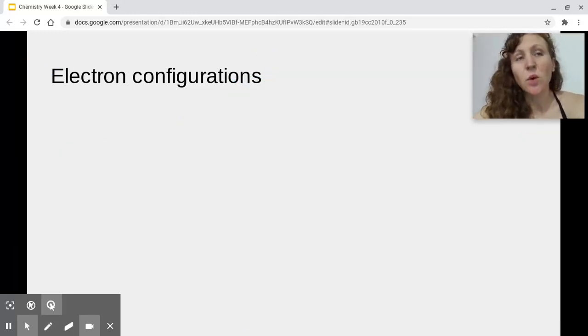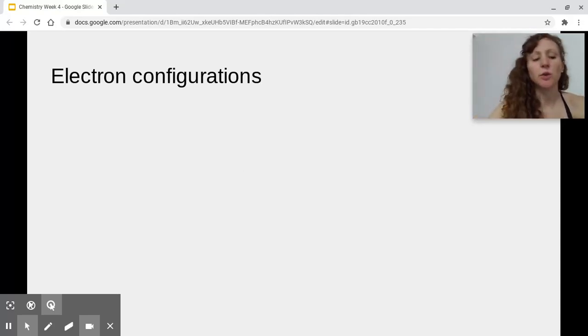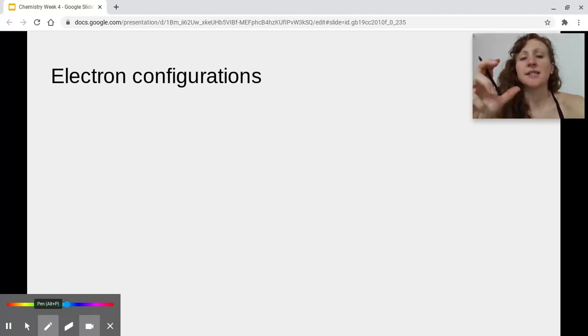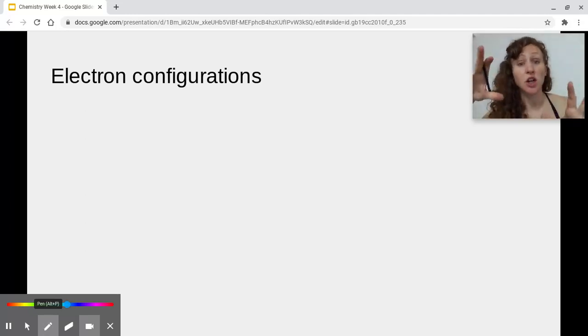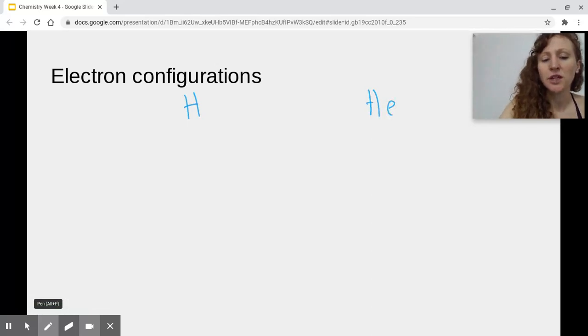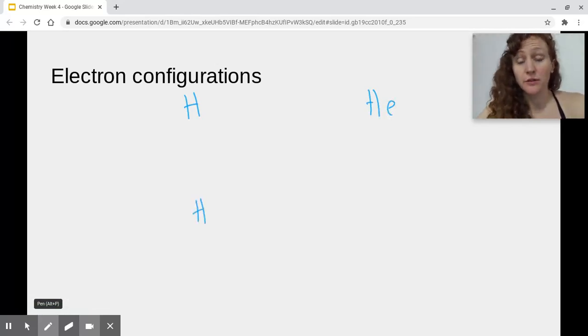Okay, so let me walk you through a simple electron configuration to show you what I mean. So again, we're trying to describe where electrons exist. We're trying to describe the electronic structure of an atom. So let's look at hydrogen and helium, for example. So we can draw the Bohr model for hydrogen. We know how many electrons it has by looking at the periodic table.